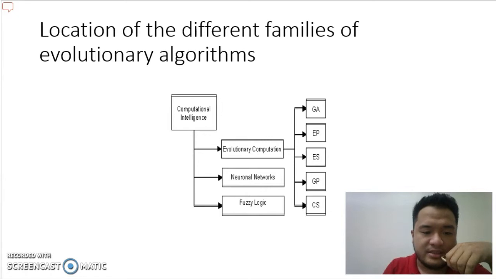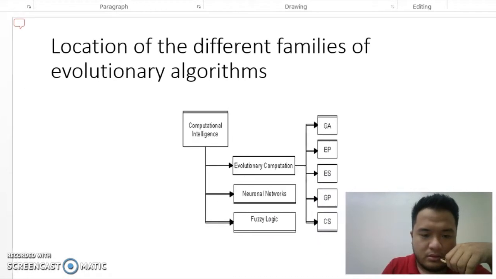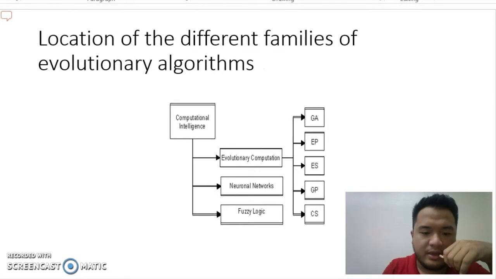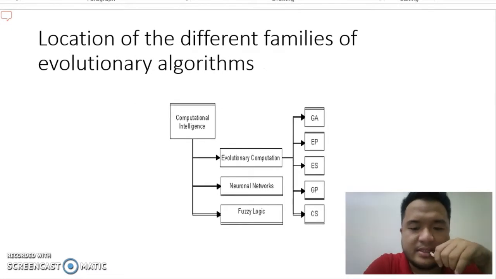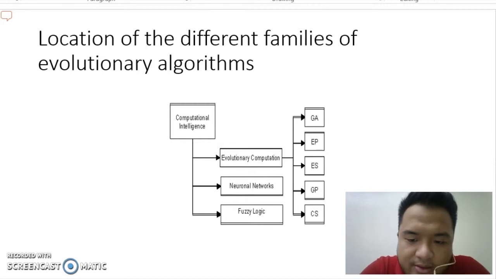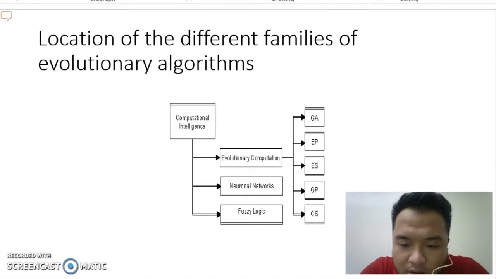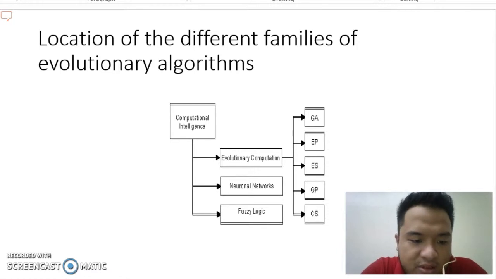Most of the present implementations came from any of these three basic types, strongly related although independently developed: genetic algorithm, which is the GA; evolutionary programming, the EP; and evolution strategies, ES.